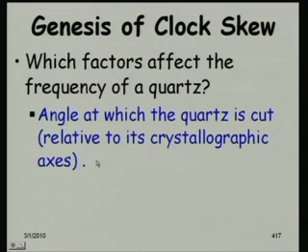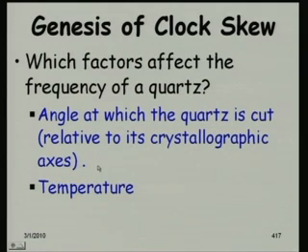So, you can't guarantee that two quartz crystals are cut at exactly the same angle. The temperature and the size of the crystal also matter. All these make the frequency vary widely, and even if you maintain the same temperature at different locations, right, you keep them in the same room, still the clocks will diverge.